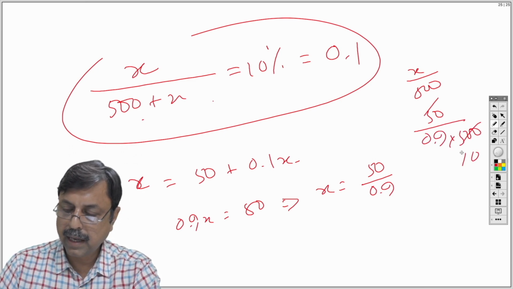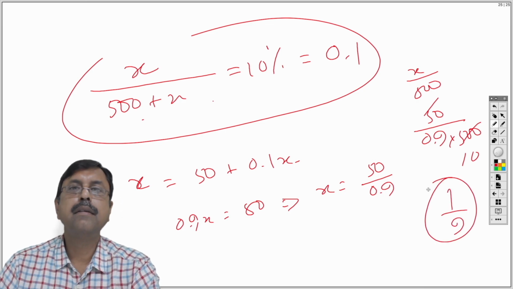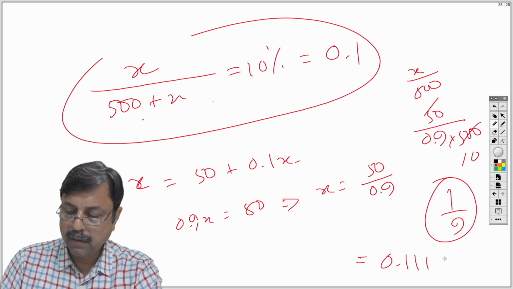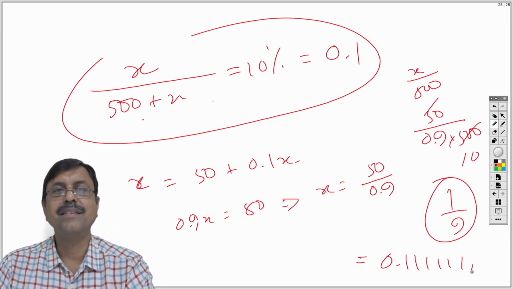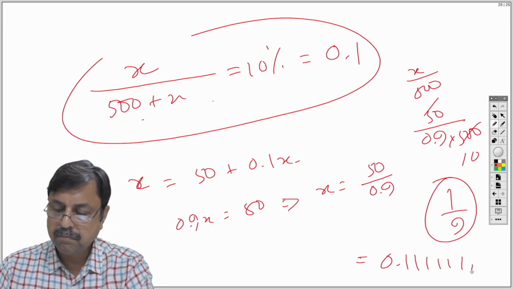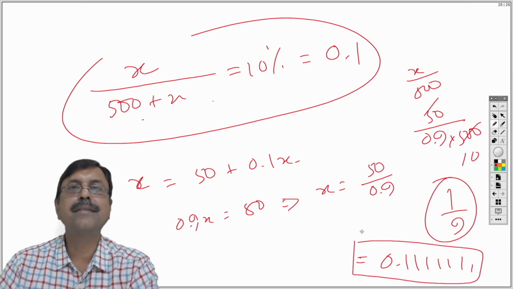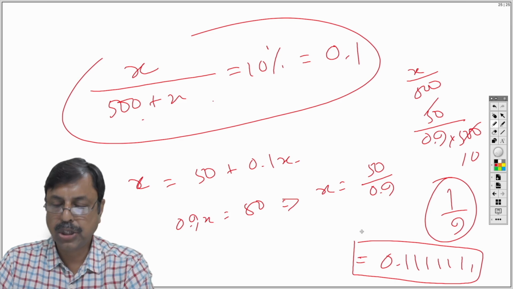So this will be 1 by 9, which will be 0.11, something like this. So we have to use this figure as the liquid to solid mass ratio.